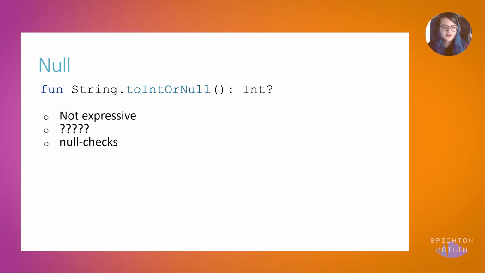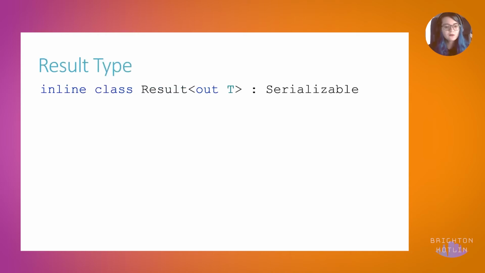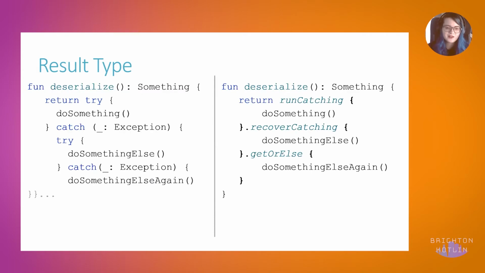Let's take a look at the standard library again to check if there's anything else which may help us. Well, there actually is. It's called the Result type. The Result type is either some type T or an exception. What is interesting in Result is that there are functions to create chaining, for example runCatching, recoverCatching.